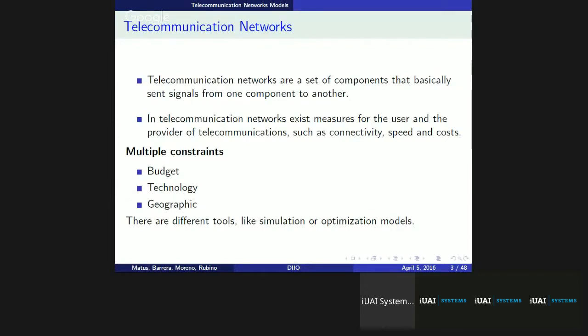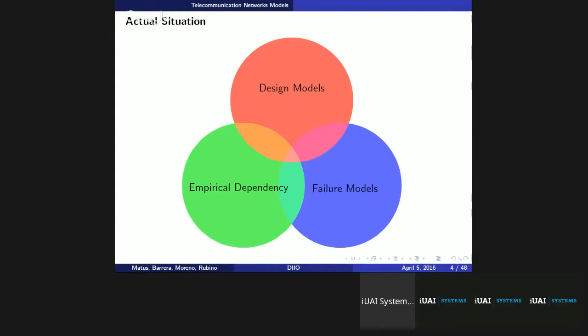And when we design telecommunication networks, we have some constraints, for example budget constraint, technological constraint, and geographic constraint. To solve the problem, we usually use simulation or optimization models.